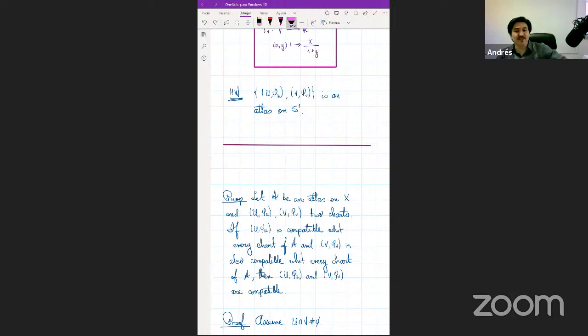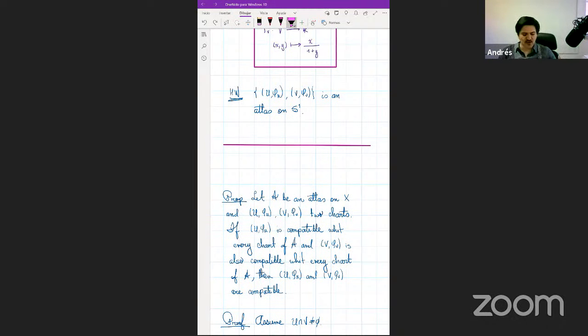So we want to show that U and V are compatible. So let's see, where are we going? We have the topological manifold X, and I have an atlas. So the whole idea is the atlas is going to have all the information to talk about smooth functions on X. Basically, we can do that.